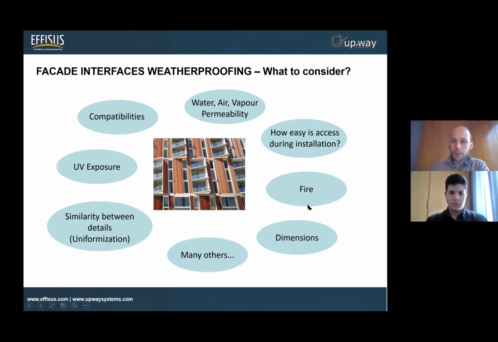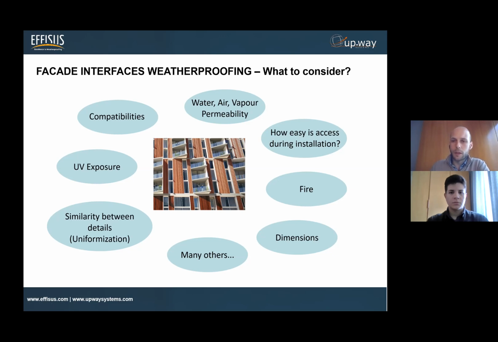Then fire, of course, because it's a really hot topic nowadays. Dimension, because we shouldn't need to install something that doesn't fit the width available on the project. And also other things that are not mentioned here, for instance, movement.